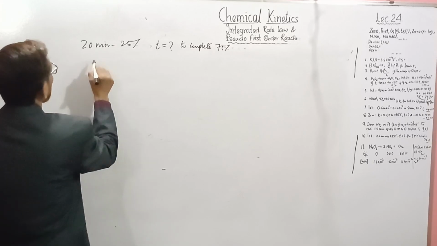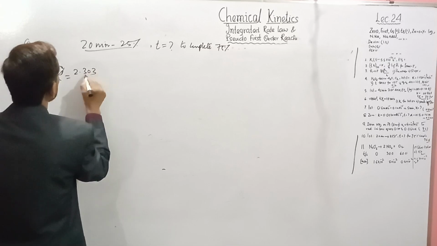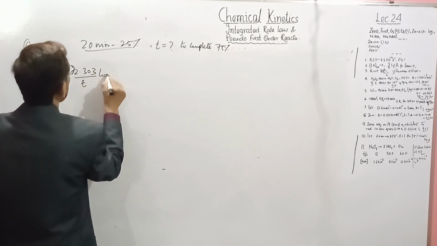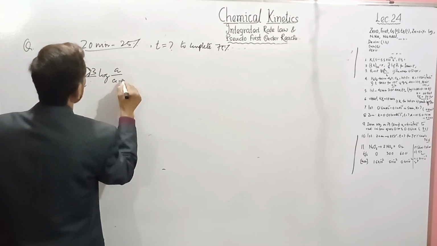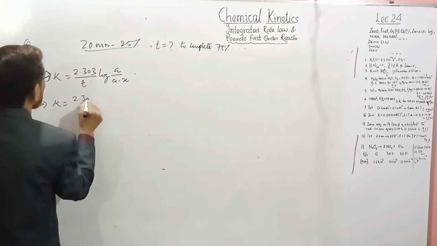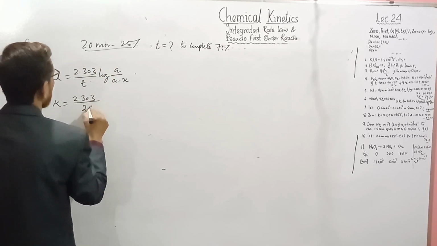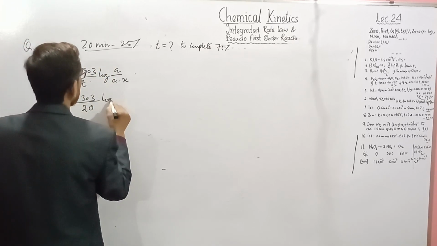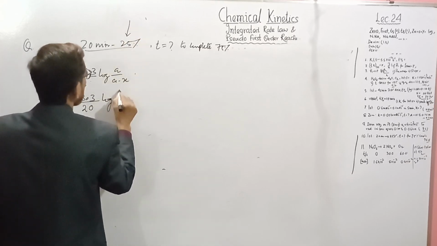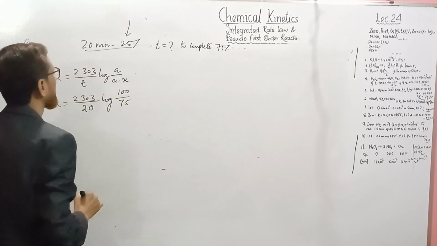So from this we'll write K is equal to... 25% means if it is 100, this is 75.